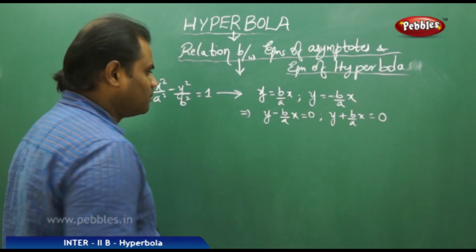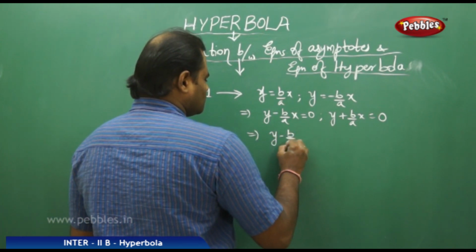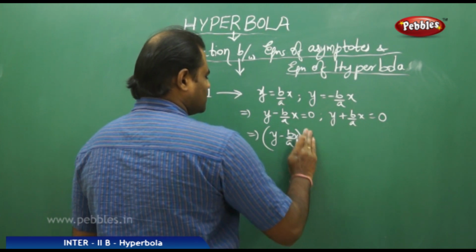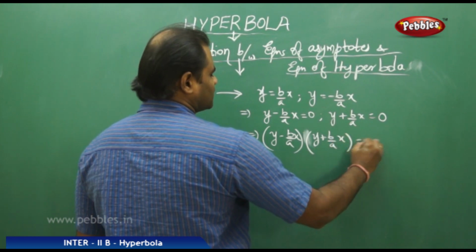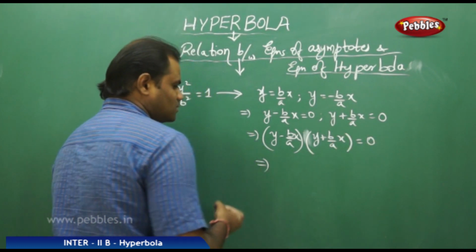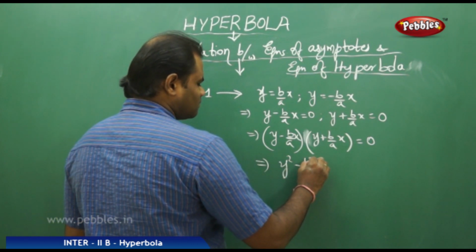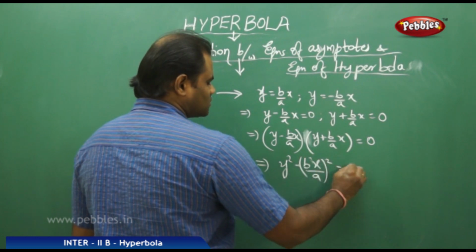That is, if I combine them, I get y minus b by a x times y plus b by a x equal to 0, which on simplification gives y squared minus b squared x squared by a squared equal to 0.